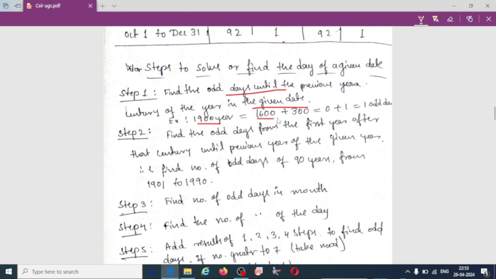It consists of 1600 years, which is a leap century, plus 300 years. So for 1600, 0 odd days, and for 300, 1 odd day. So 1 odd day for 1900 years. Step 2: find the odd days from the first year after that century until the previous year of the given year.